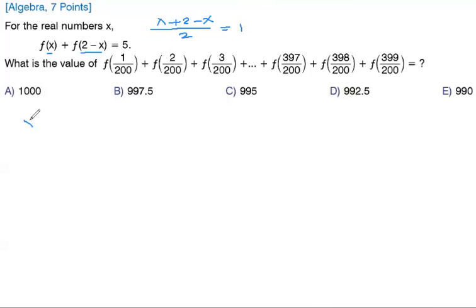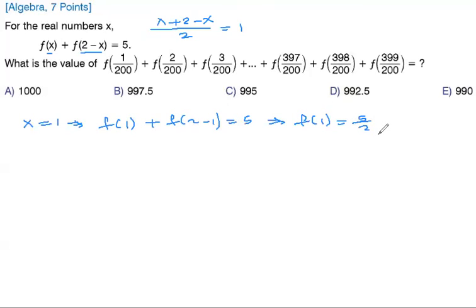Meaning that if I choose x equals 1 as my first number, then my function will give us f of 1 plus f of 2 minus 1, which is equal to 5. So this is f of 1 and this is f of 1, meaning that f of 1 is going to be 5 over 2.